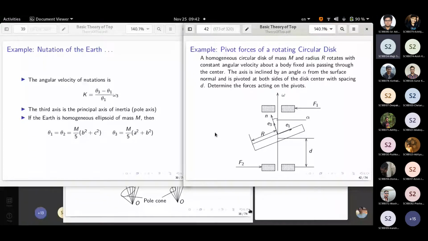The vertical long line omega is the direction in which you are forced to rotate the wheel. However, there is an imbalance in the wheel. Instead of being perfectly orthogonal to this axis of rotation, there is a mistake in the manufacturing, because of which the actual figure axis of the wheel, which is E3, makes an angle alpha.